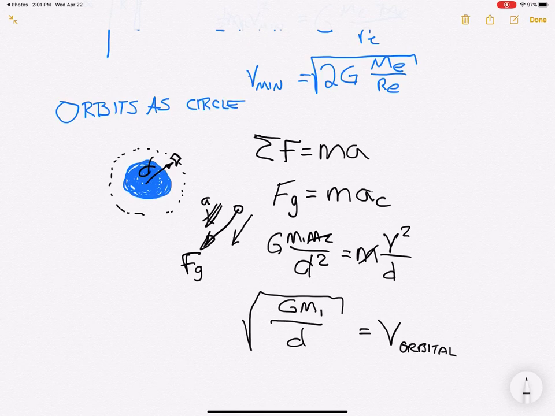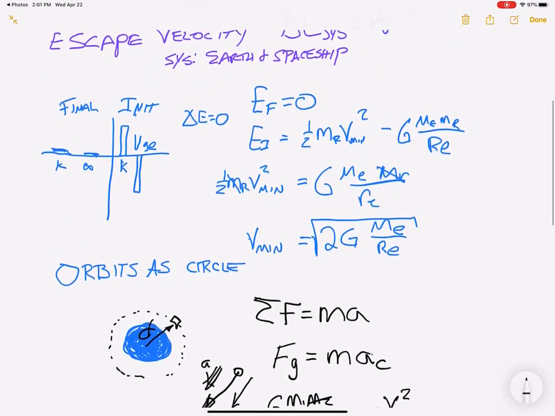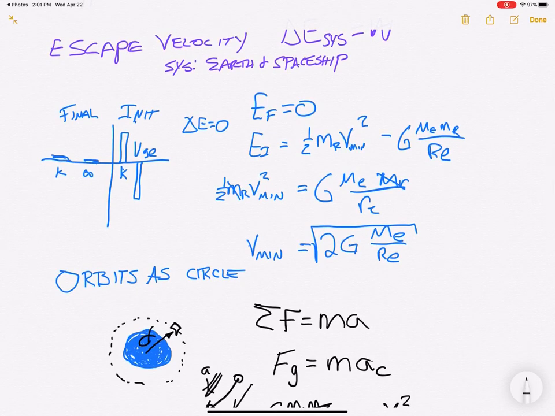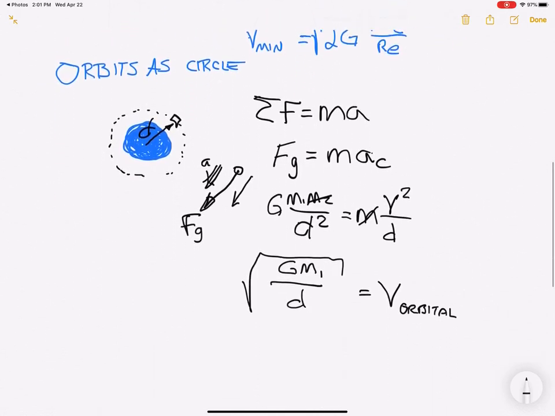So when we compare the escape velocity, everything under v min is set, meaning the mass of the planet, the radius of the planet, G and 2 are all absolute numbers.